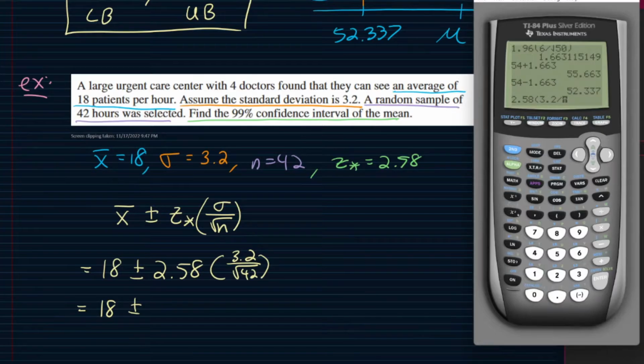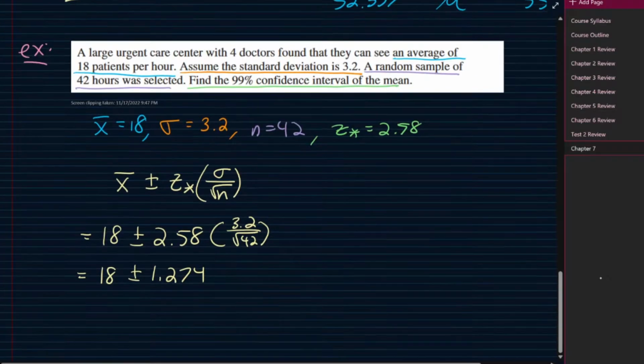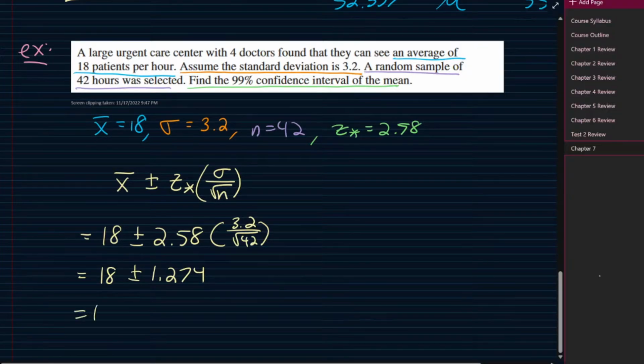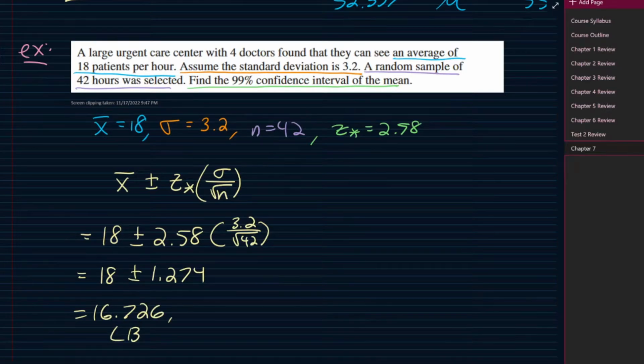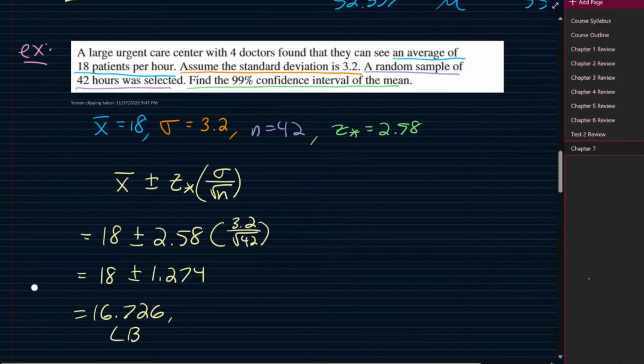This gives us approximately 1.274. So we just subtract and add this from 18. 16.726 for our lower bound, and 19.274 for our upper bound.